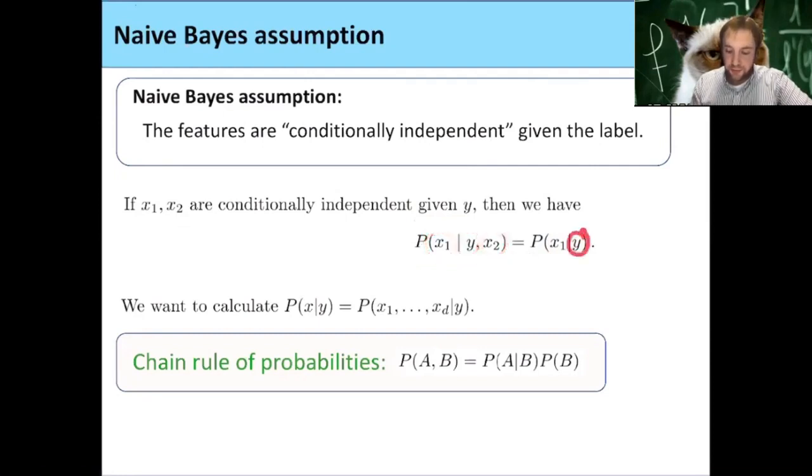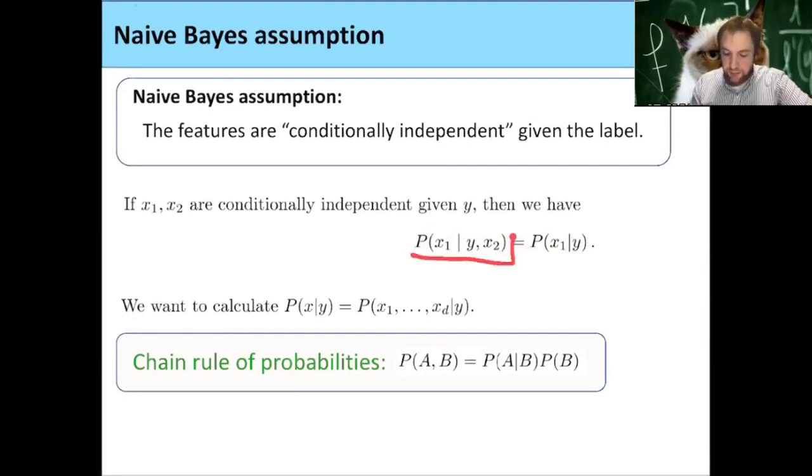So if I know something is spam and it contains, for example, the word hello, then this probability that it contains the word hello and it's spam is not influenced if it also contains the word student. Therefore, these two probabilities are the same.